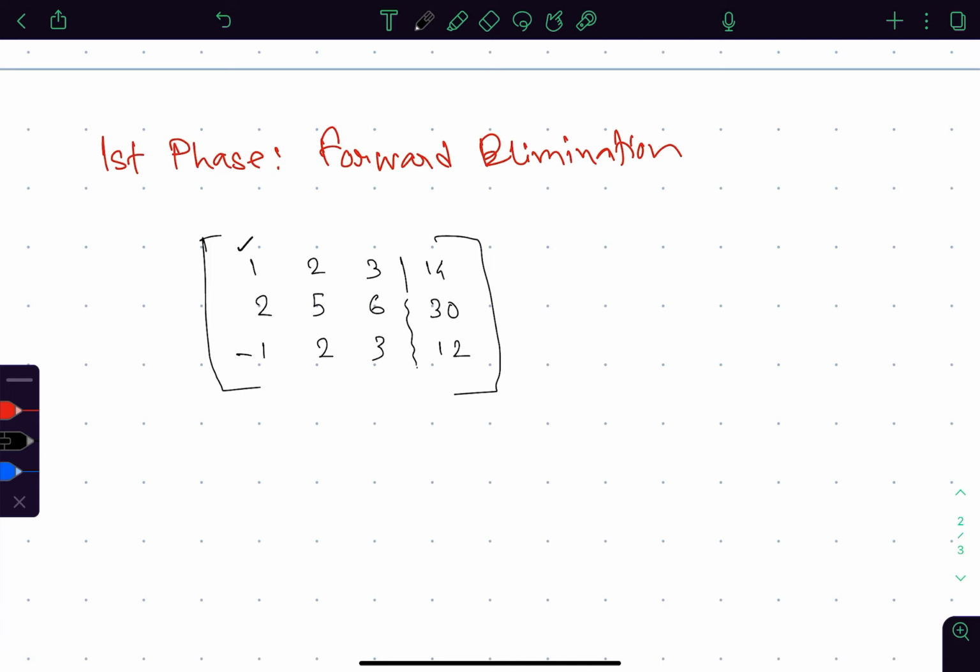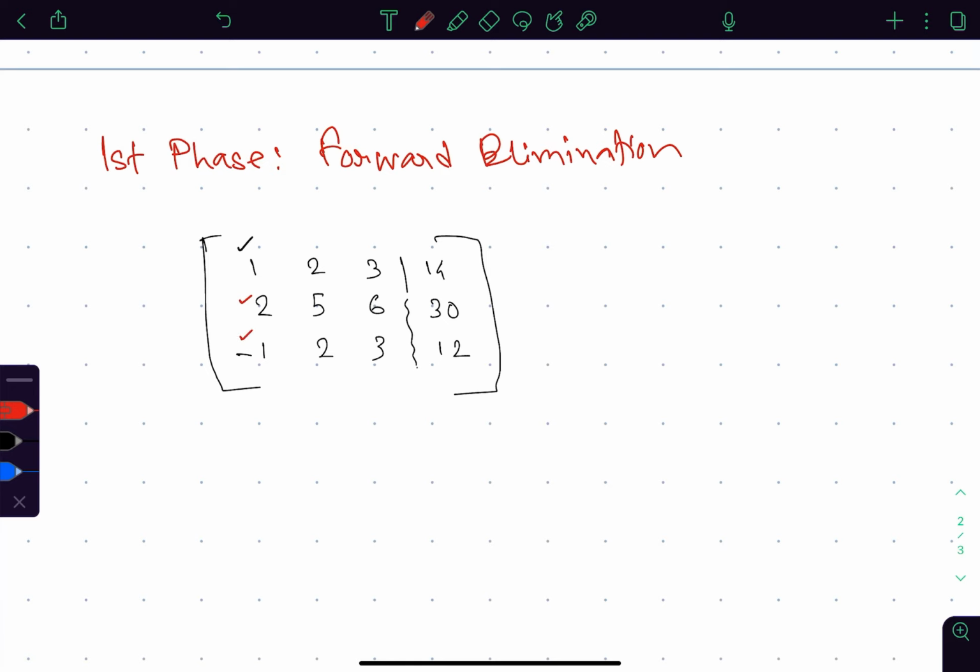So the first thing we need to think about is the second row, because the first row is sorted right now. In the second row we have this 2 and minus 1 that we need to get rid of.